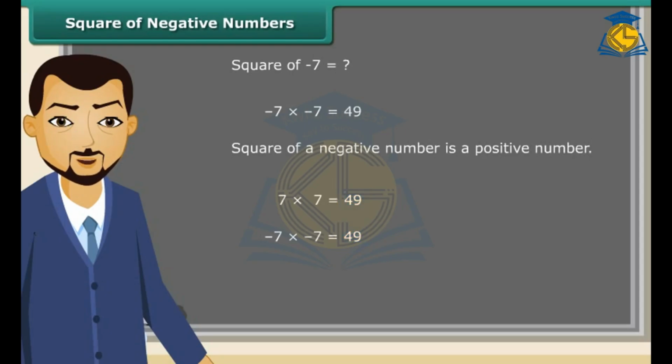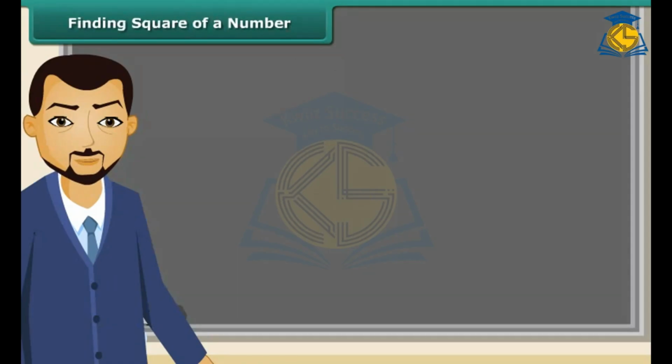Let us know about square roots now. We can easily find the squares of small numbers like 7, 4, 5, etc. But is it easy to find the square of 27 so quickly? Let us find how we may find the square of 27. We know 27 is a sum of 20 and 7.